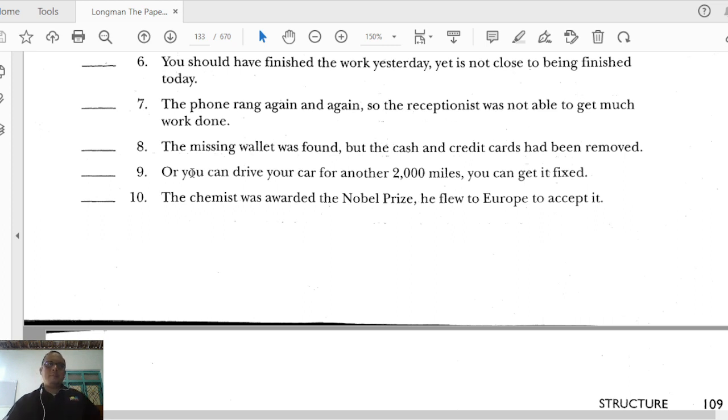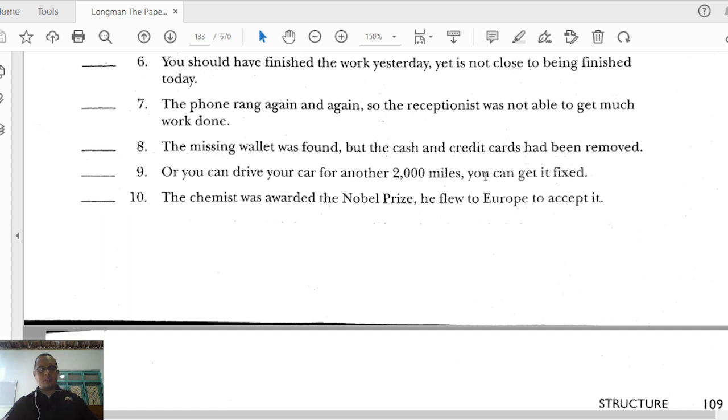Number 9, or you can drive your car for another 2,000 miles. You can get it fixed. Or you can drive your car for another 2,000 miles and you can get it fixed. Yeah. Correct. You, subject, can drive, yeah, verb. And you can get it fixed, ya.